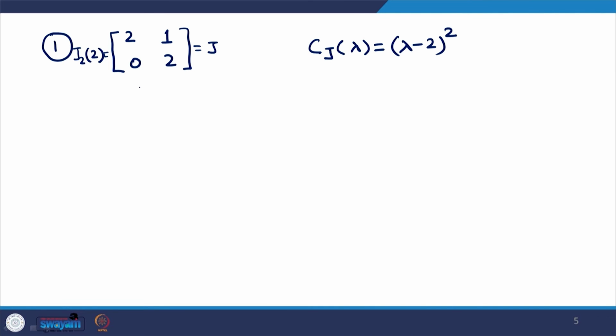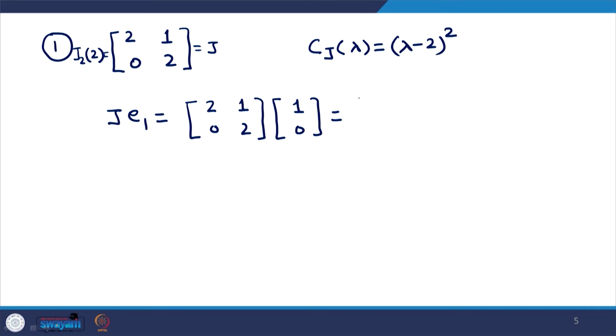Furthermore, consider J acting on E1, where E1 is a vector of the standard basis in R2. J is 2 1 0 2, and the standard basis in R2 is E1 equals 1 0, E2 equals 0 1. Then J E1 comes out to be 2 0, which is 2 times E1.